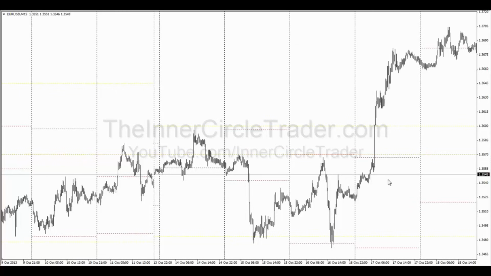So what I'm trying to draw your attention to in this is not only do we look at price action on the charts, but we're also measuring and keeping an eye on volatility, because when the ranges start to get small, or if they drop off over the last 5 days much lower than the average daily range, we're moving into an area where we're probably going to have a very sharp price move.